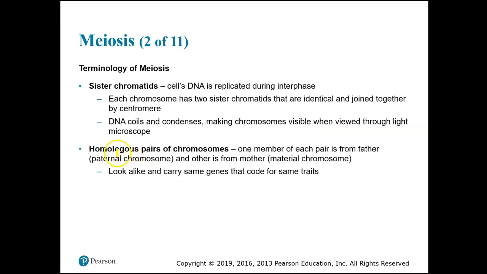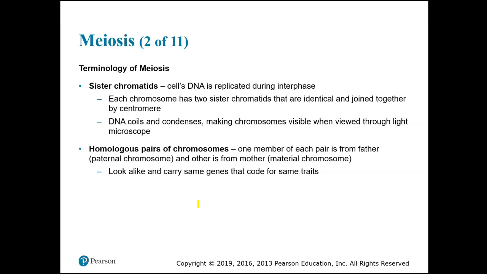Then we have homologous pairs of chromosomes. So for every one of our 46 chromosomes, 23 came from our mother and 23 came from our father. For each one from our mom that matches the one from our dad, they are homologous pairs. And by match, I mean that they look alike and they carry the same genes.